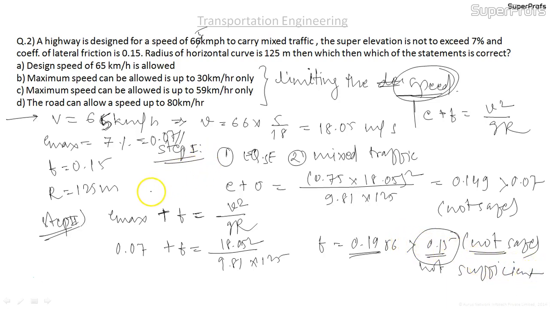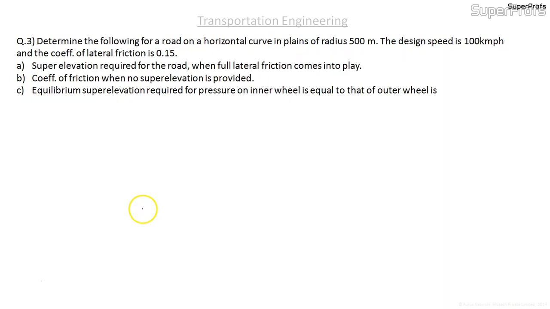So in step 2, you should keep in mind that there are two considerations: you consider Emax and the full design speed, and check whether the available friction is sufficient or not. Full design speed is considered since we want to check for the critical case. Emax and full design speed are the critical cases.